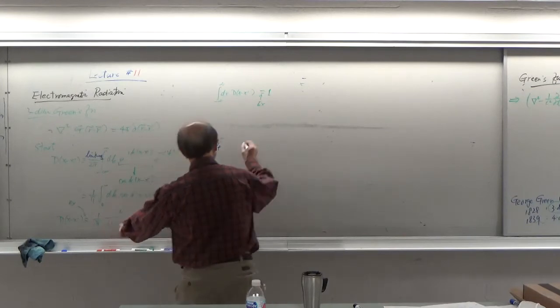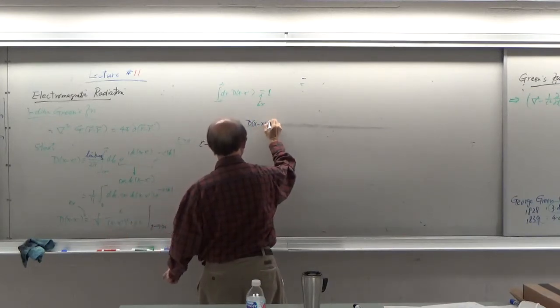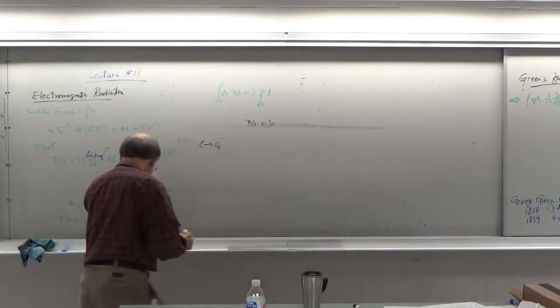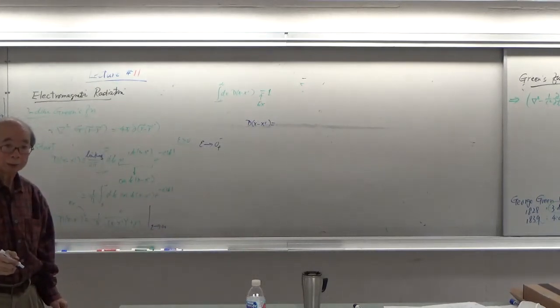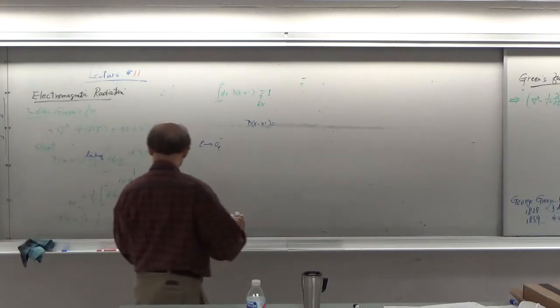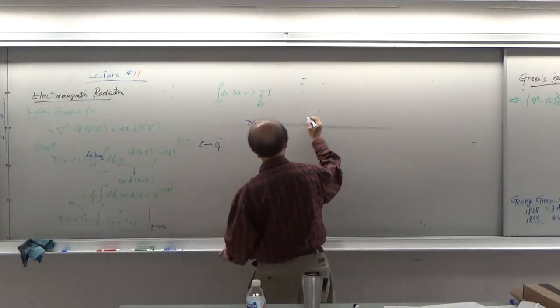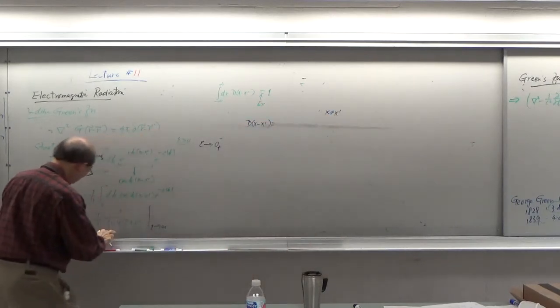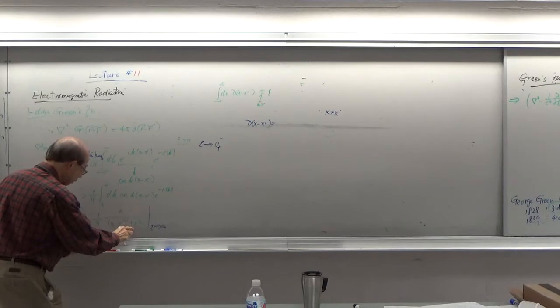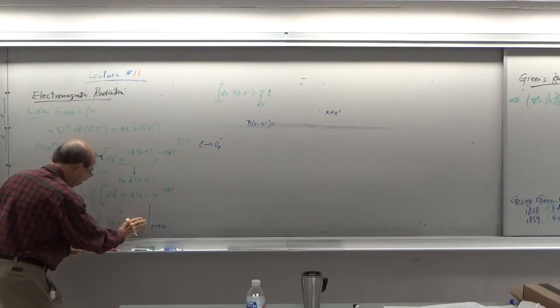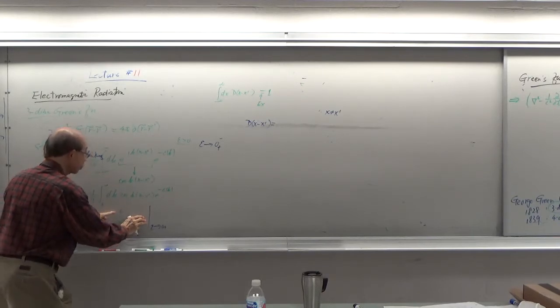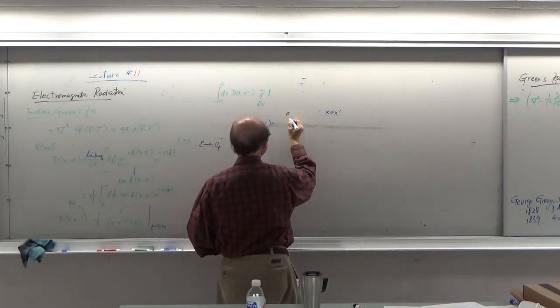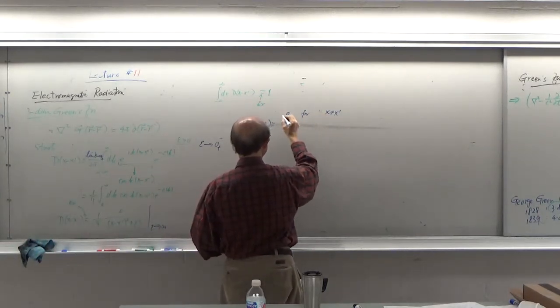So what is D of x minus x prime in the limit that epsilon is positive but very, very small? For x not equal to x prime, the denominator is finite. Since epsilon is small, it becomes epsilon over something finite, and as epsilon goes to 0, this goes to 0 for x not equal to x prime.